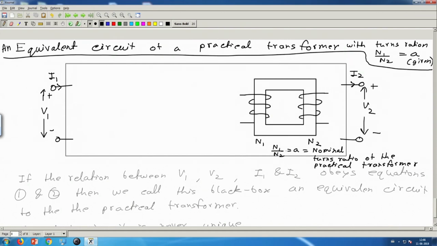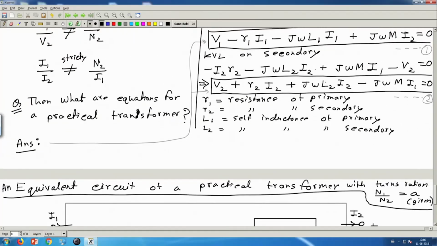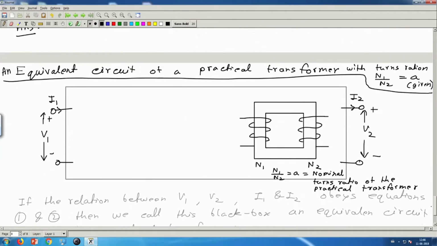I will choose it this way. I can choose it in other ways as well, that's also possible, but this is my choice. I can make this choice because I know the answer is not unique. I can make any choice as long as the relation between V1, V2, I1 and I2 is the same as this, and I will show that the choice I am making will obey this relationship.